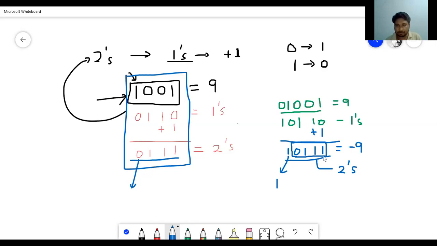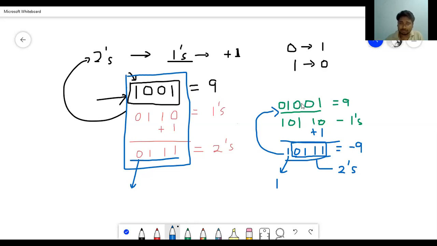But see, in the original case, we derived this number from this number. So first we take positive 9, and from the positive 9 we do some operation like 1's complement and 2's complement form, and whatever the result is, that is called the negative of that number.